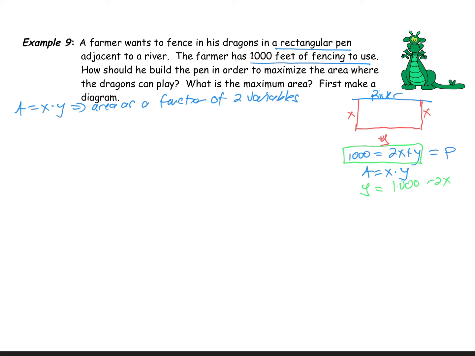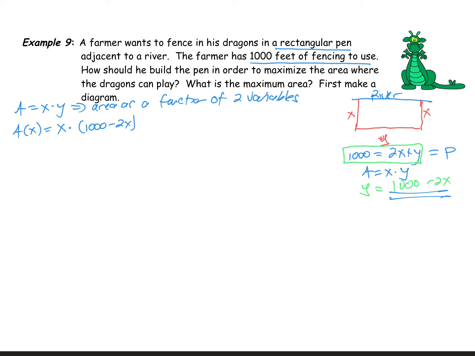And we are going to substitute that in for y in our area function. So we can get A as a function of just x: x times this expression for y, which is 1,000 minus 2x. And now we have what we need. We have the area as a function of one variable, which is just x.